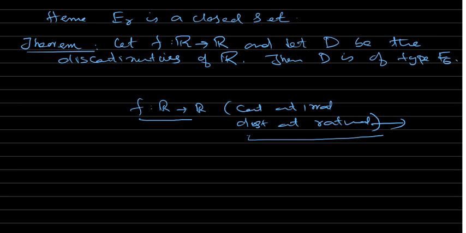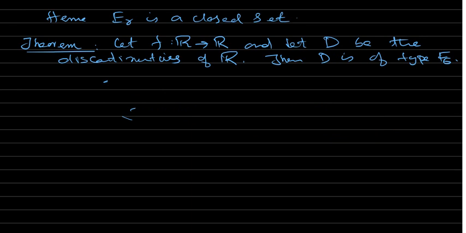So in particular, it follows that this is an example. Actually you can take this as an example: the set of discontinuities of f is of type F sigma. So let's prove this result. The set of discontinuities of f is of type F sigma.